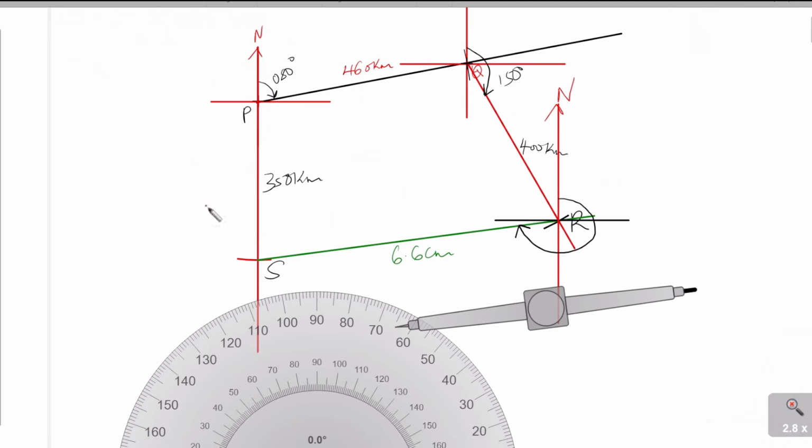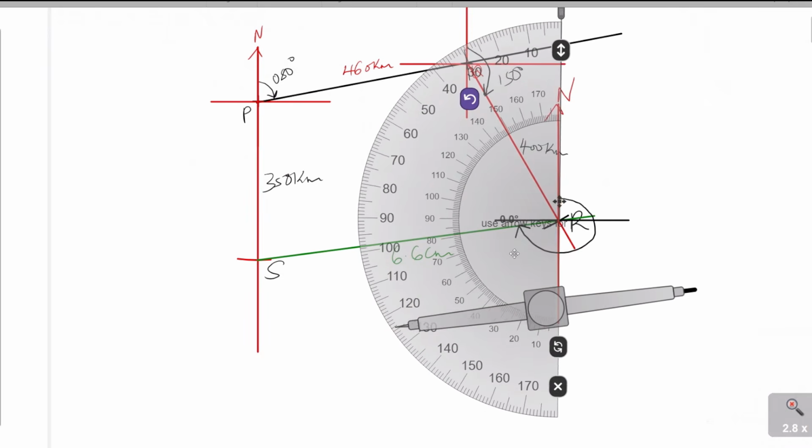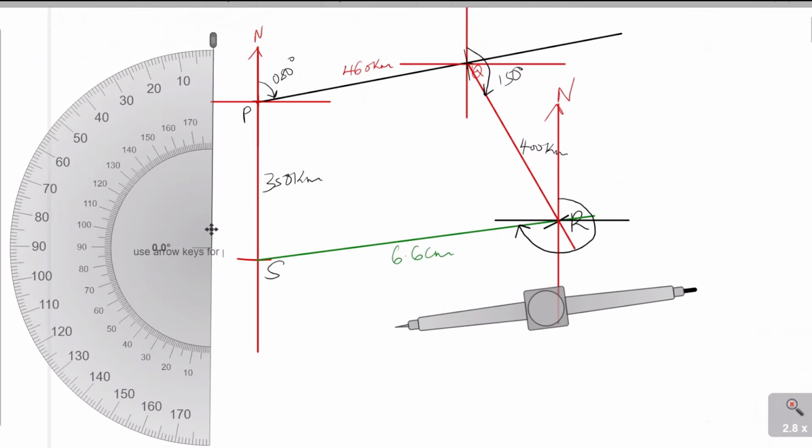So let me measure the angle that is here. This is how I measure the angle. Measuring from the central point, from this direction, 10, 20, 30, this is around 82. So that angle is around 82 degrees.